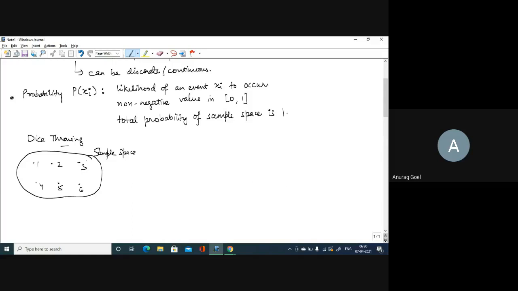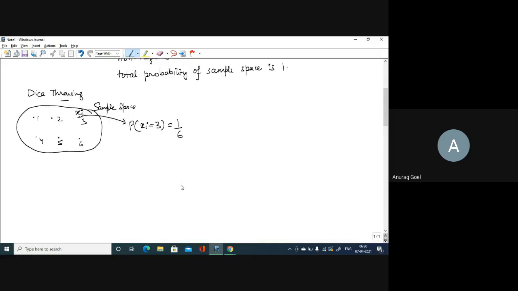And for a particular xi, what is the probability that the outcome would be 3? Xi equal to 3 is, because all are equally probable, 1 by 6.